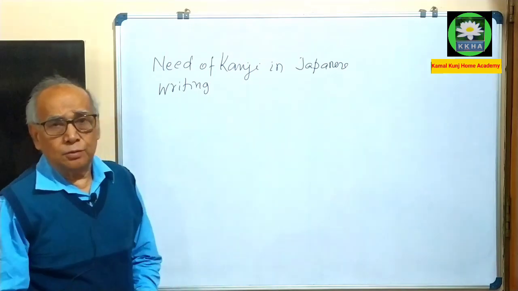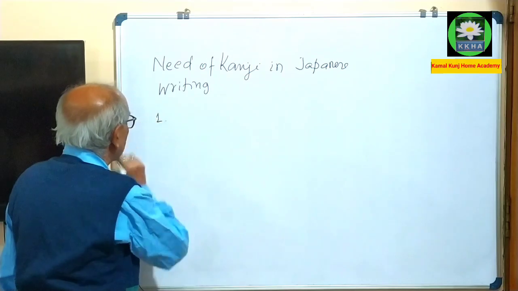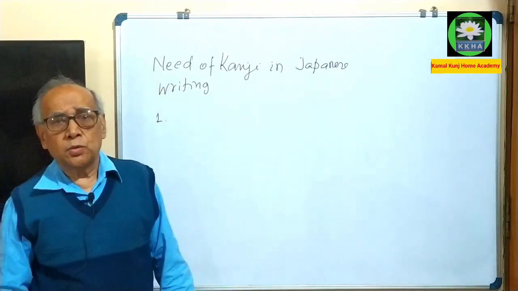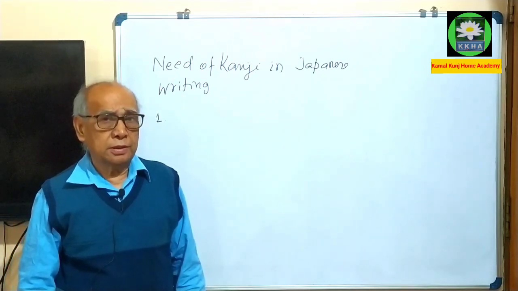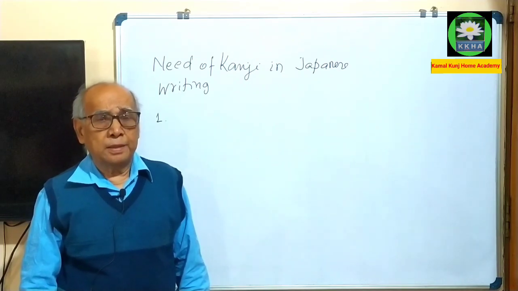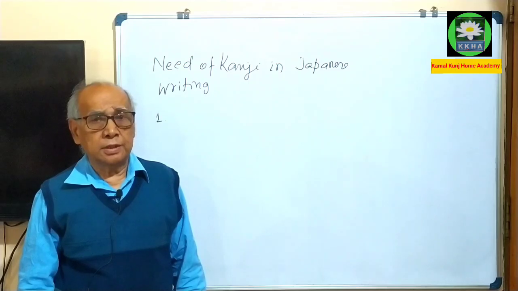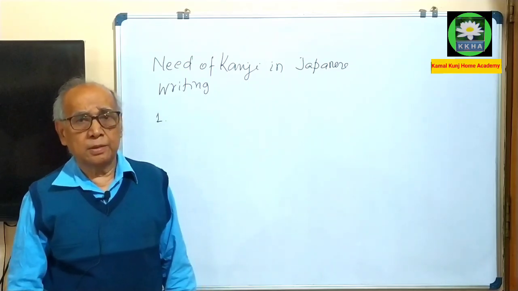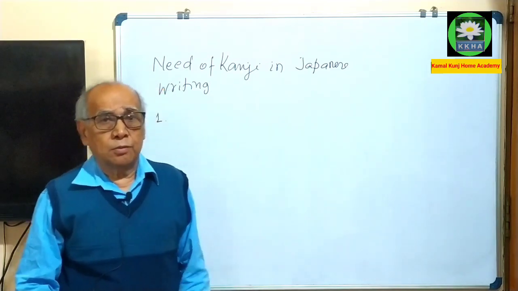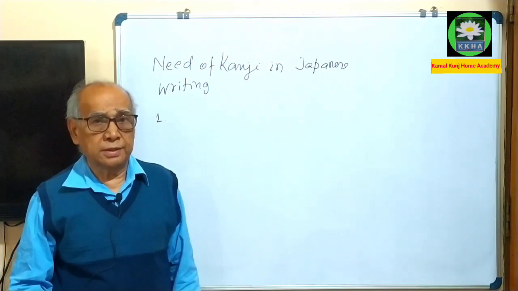Now the number one reason is there are no spaces between the words in a Japanese sentence. So it becomes difficult to distinguish between different words in a Japanese sentence. A long text only in Hiragana will be indecipherable, difficult to understand.